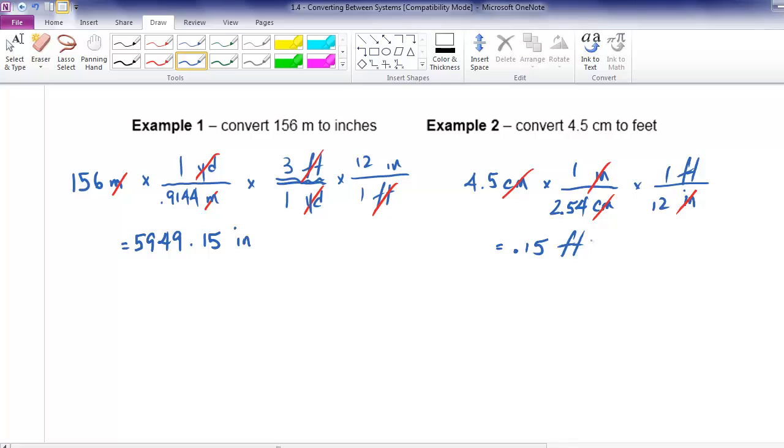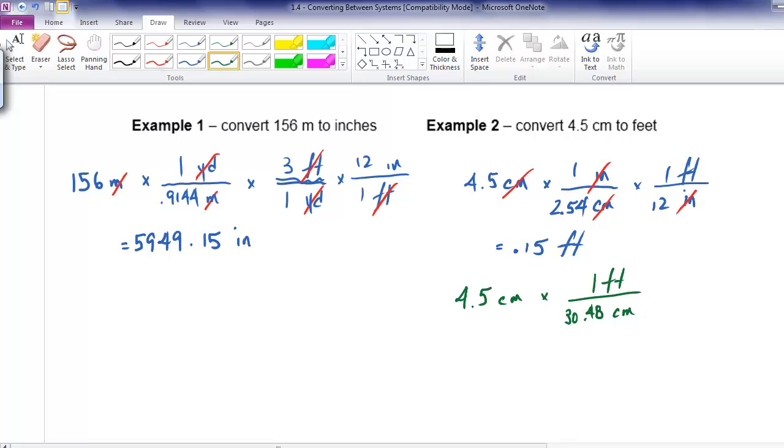If you look in your exact conversions, we do see an exact conversion from feet to centimeters. It's 1 to 30.48. So we could also do this in another way by going 4.5 centimeters times that exact conversion, 1 foot to 30.48 centimeters.